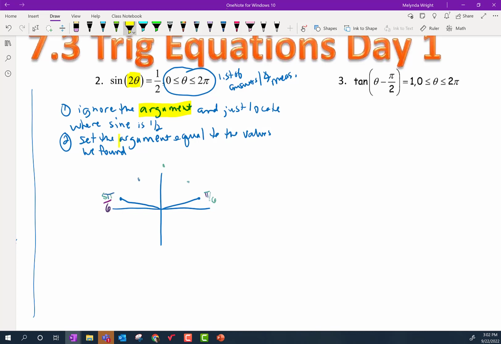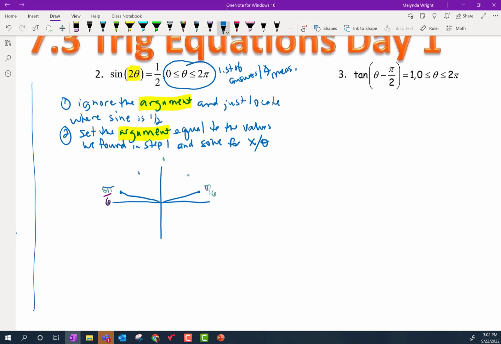We set the argument, which is the 2 theta, equal to the values we found in step 1, and solve for x or theta, whichever one you want. Sorry about my writing. So let's do that last step.